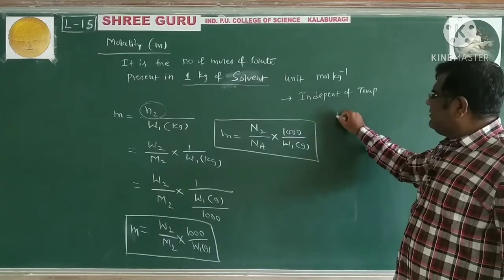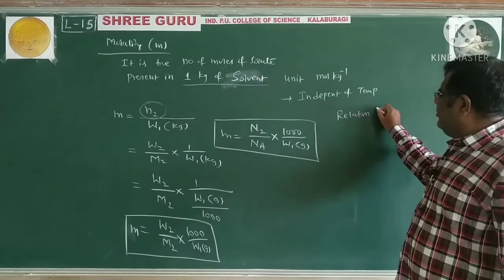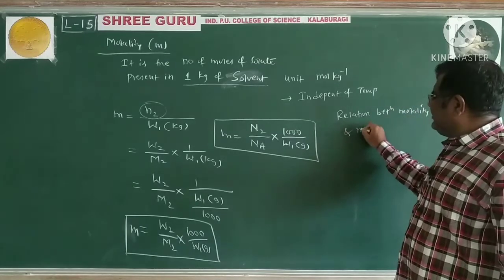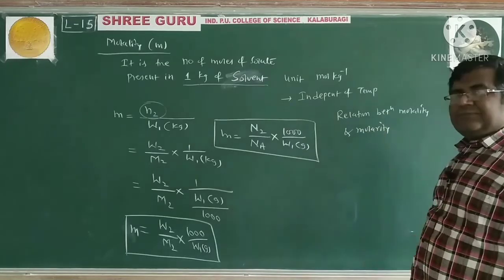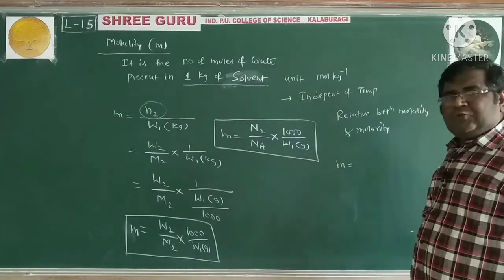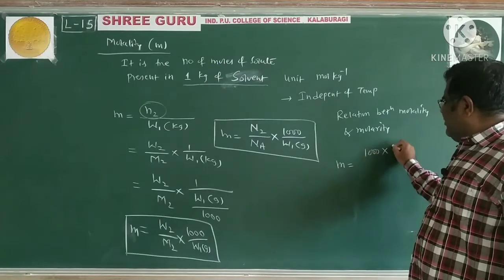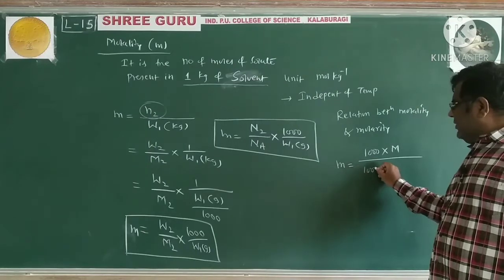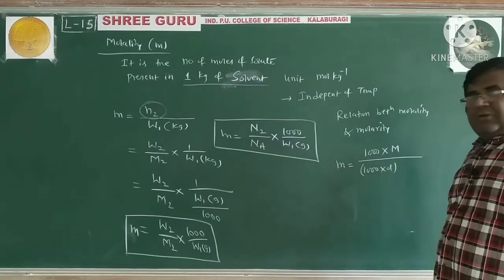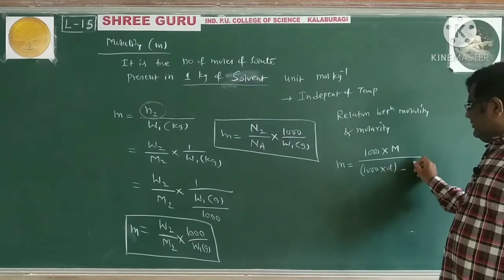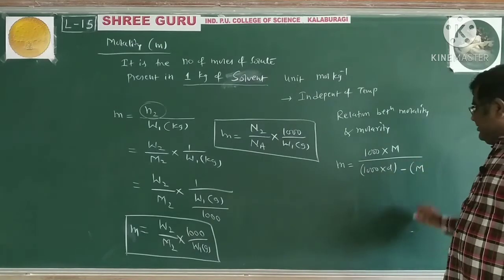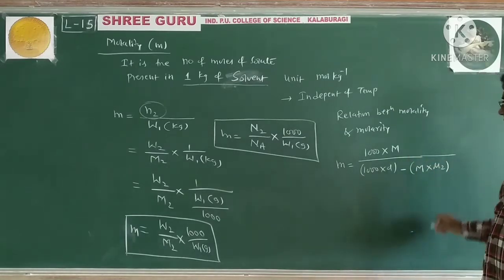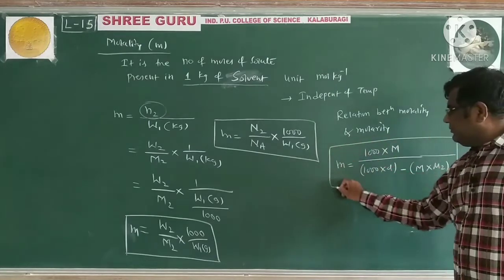And how is this related to molarity? The relation between molality and molarity: molality is equal to 1000 into molarity, divided by 1000 into density minus molarity into molecular mass of the solute.